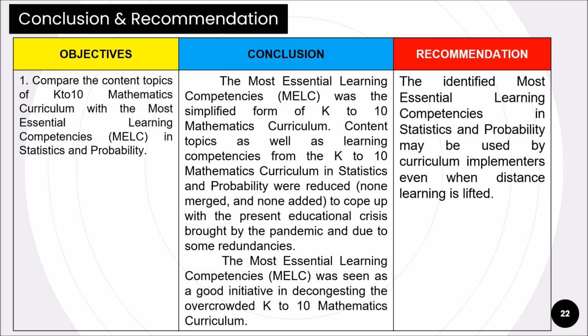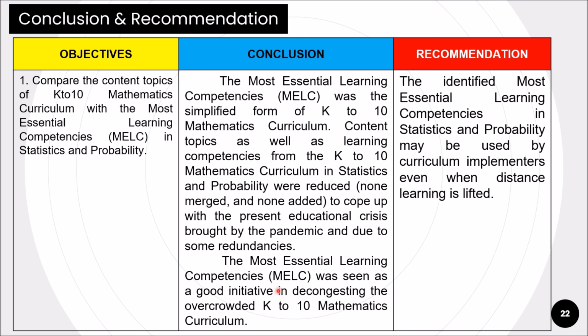Here are the conclusion and recommendation that correspond with the specific objectives of this study. For the conclusion, in objective number 1, the most essential learning competencies was the simplified form of the K-10 mathematics curriculum. Content topics as well as learning competencies from the K-10 mathematics curriculum in statistics and probability were reduced, non-merged and non-added, to cope with the present educational crisis brought by the pandemic and due to some redundancies.